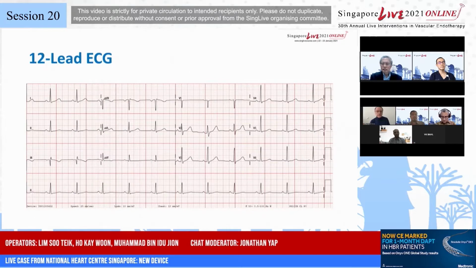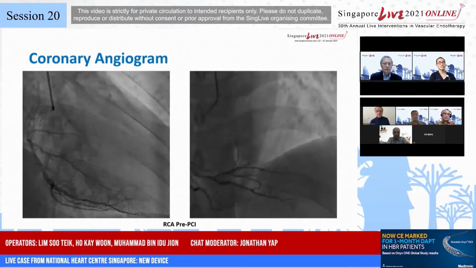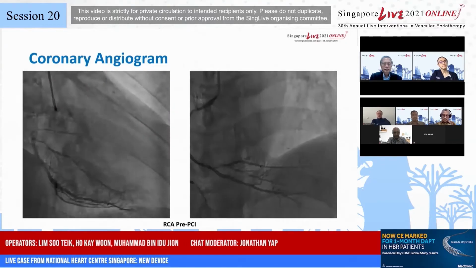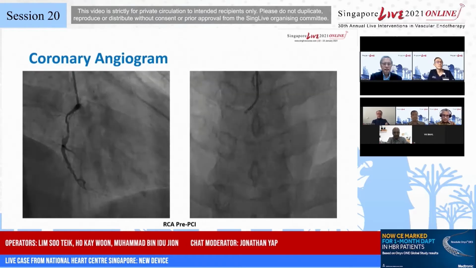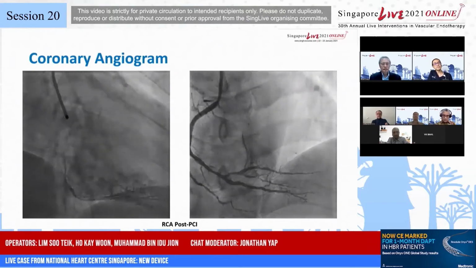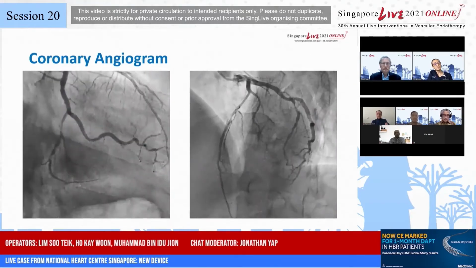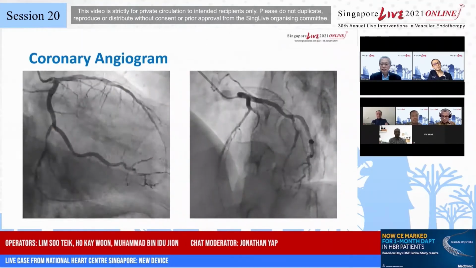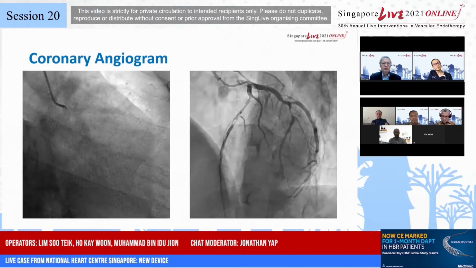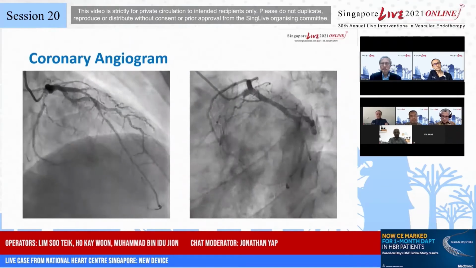Perhaps we can show the angiogram during that procedure. That was before RCA, and then there is after. On the left-hand side, the mid LAD has 75% narrowing, 60 to 75% narrowing.